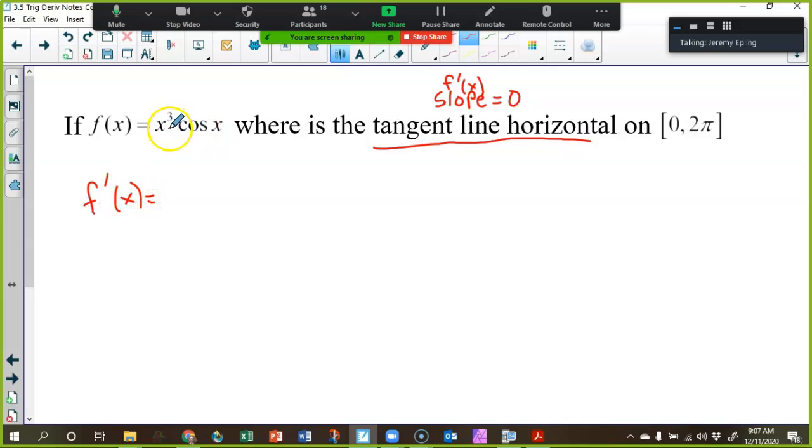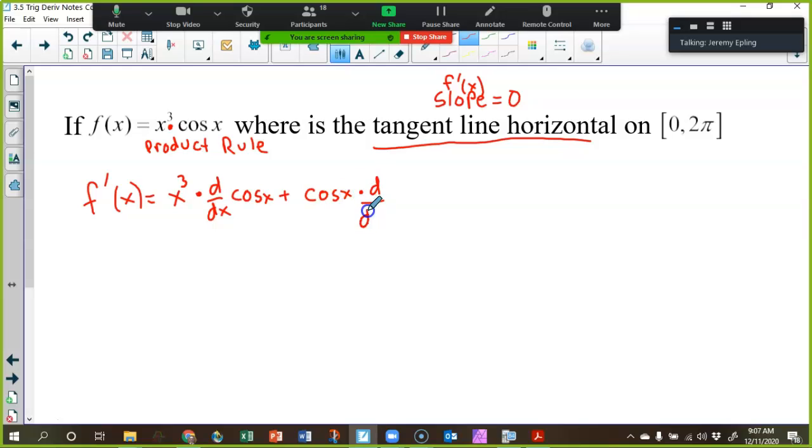Now in this problem, we have x cubed times the cosine of x. So to find f prime, I don't have a choice, I'm going to have to use the product rule. I can't rewrite x cubed times cosine of x to make this any easier. So the first times the derivative of the second plus the second times the derivative of the first.